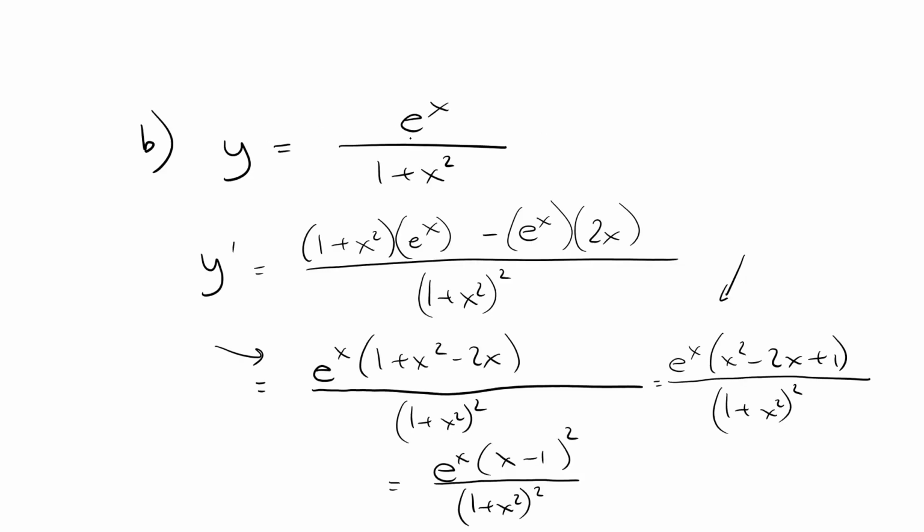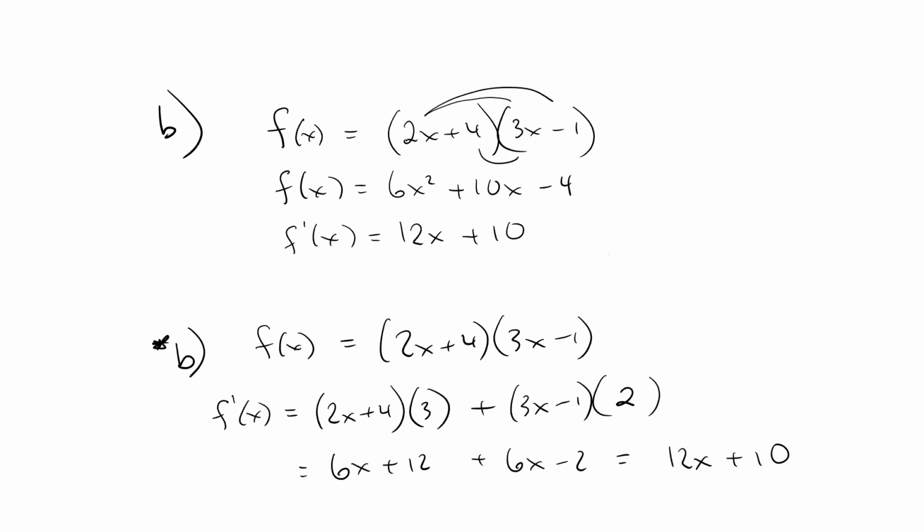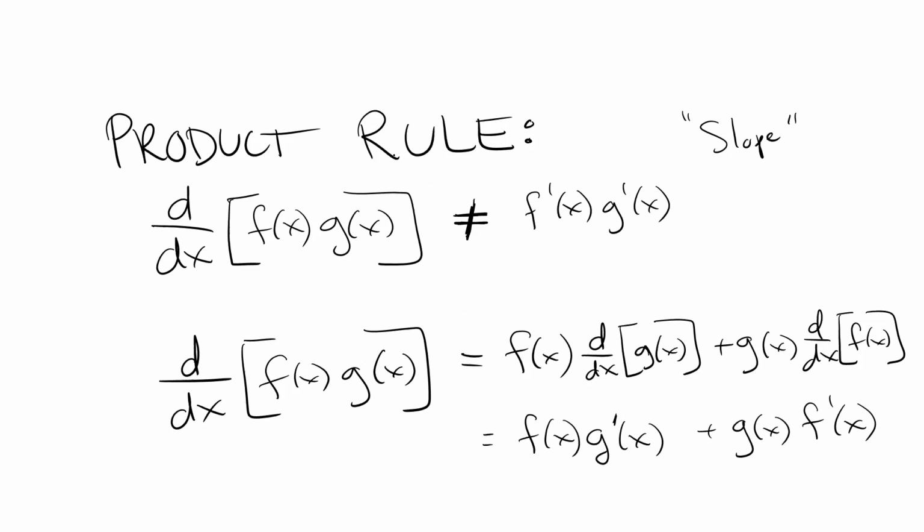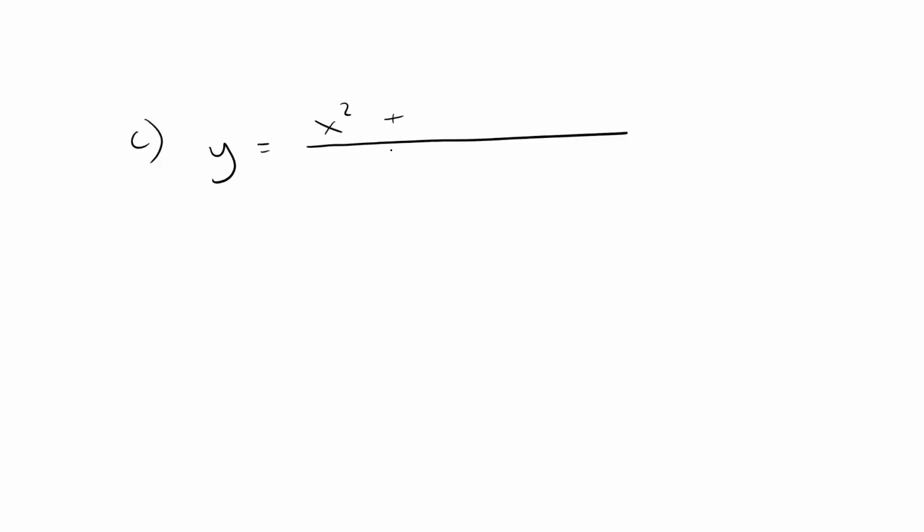I'm going to go right in my notes, back in my notes. Sorry, going back and forth here. Let's see. This one, x squared plus 5x plus 8 over square root of x. All right, let's do this one. This was very similar to the homework question.